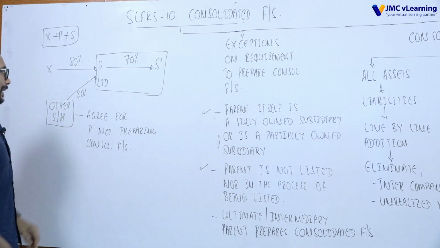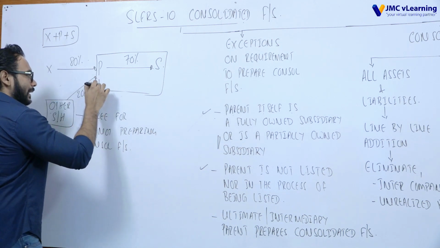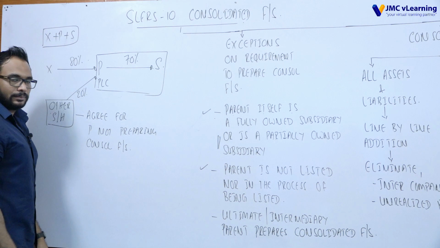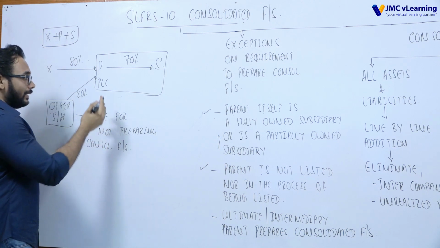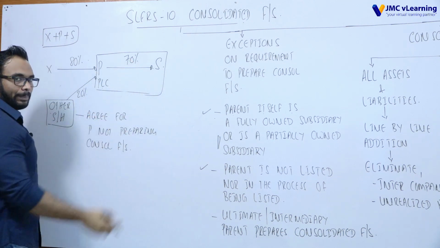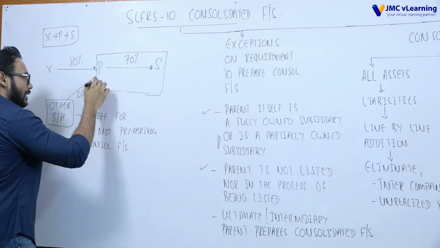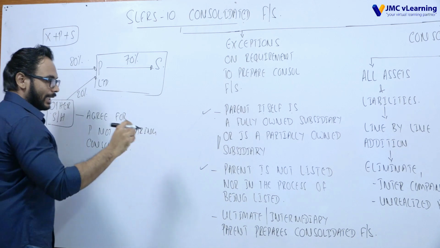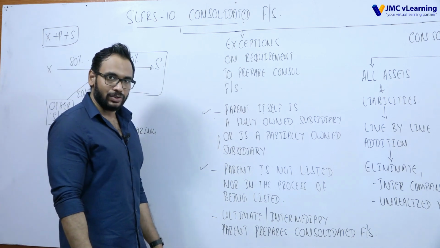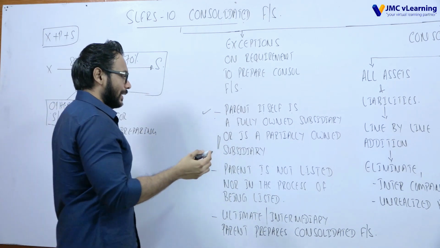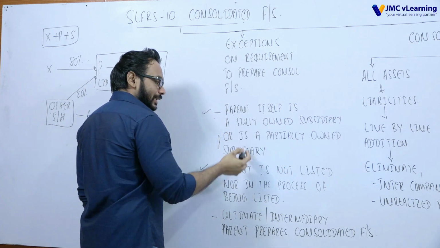So even in this case, if P is a listed entity, then this actually is irrelevant. Since it's a listed entity, P has to prepare consolidated financials. So again, reiterating it, all three criteria have to be satisfied together. And of course, you'll understand both of these conditions will not exist together.